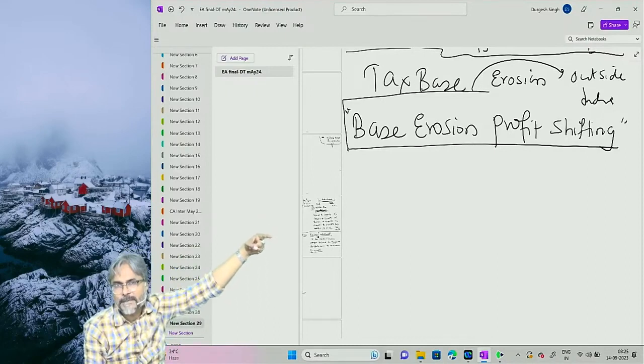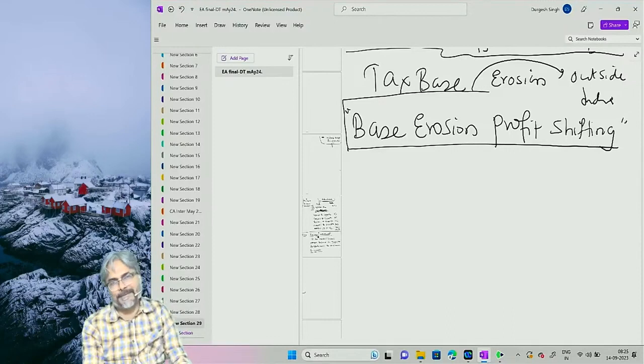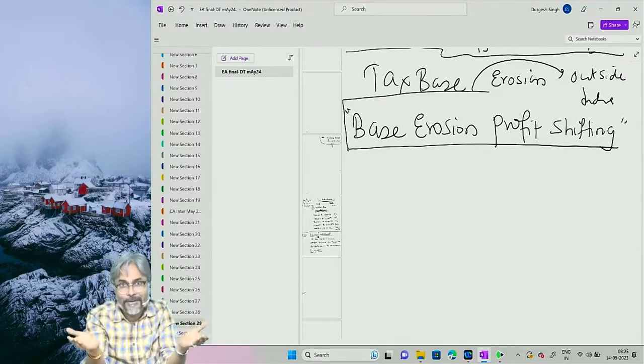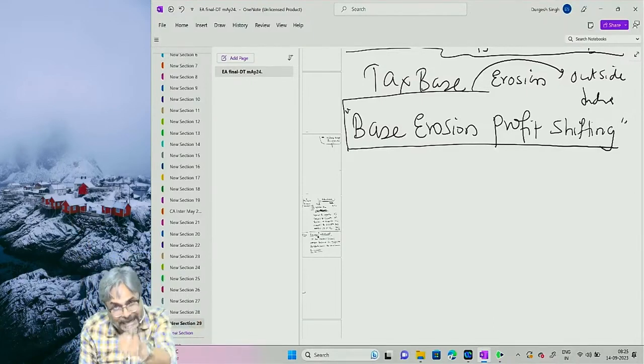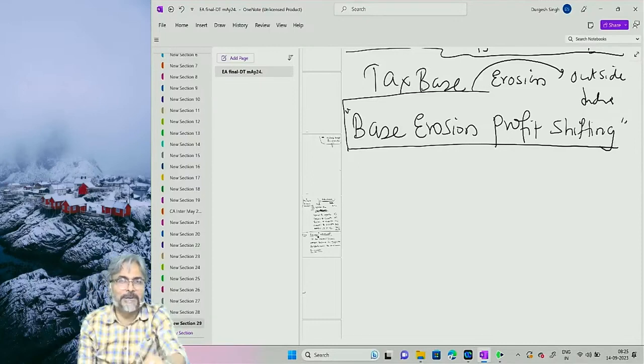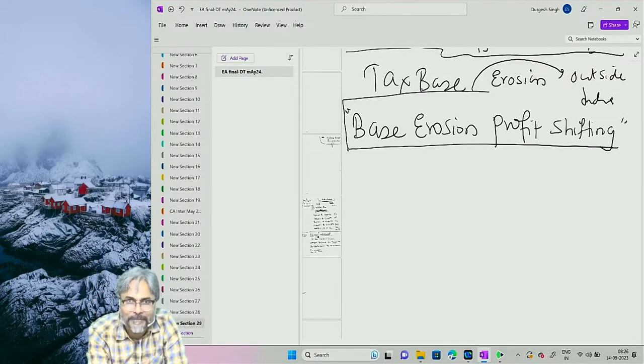Now, what you people said to me, sir, the property is in India. That's how even the government felt. But the law of accrual, students, as you know, is outside India. This is exactly what happened in the 2012 case of the Supreme Court, wherein Harish Salve won the Vodafone case.